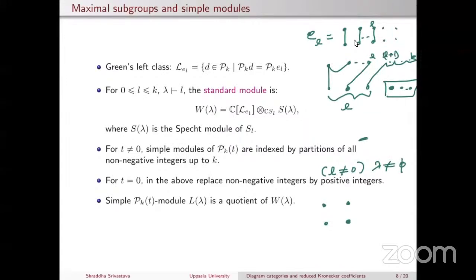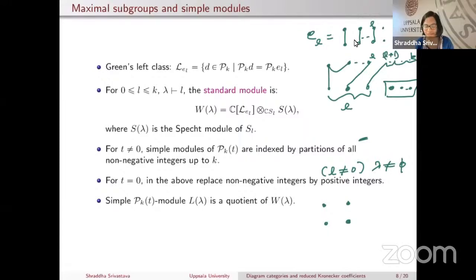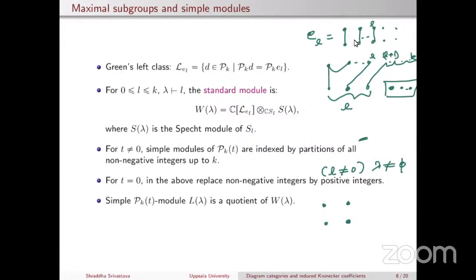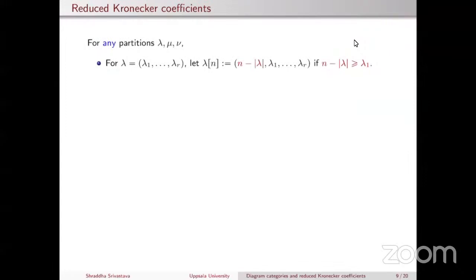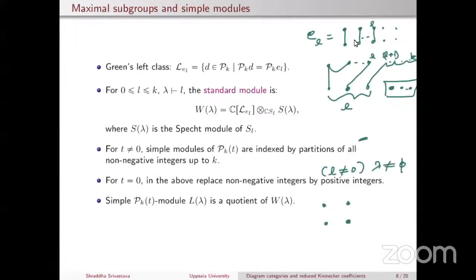Because we can invert t and still the bilinear form is non-zero. So we are going to relate the representation theory with the reduced Kronecker coefficient. Is the picture that for all non-zero values of t you have the same number of irreducible representations, but for non-generic values of t there are extensions between these?